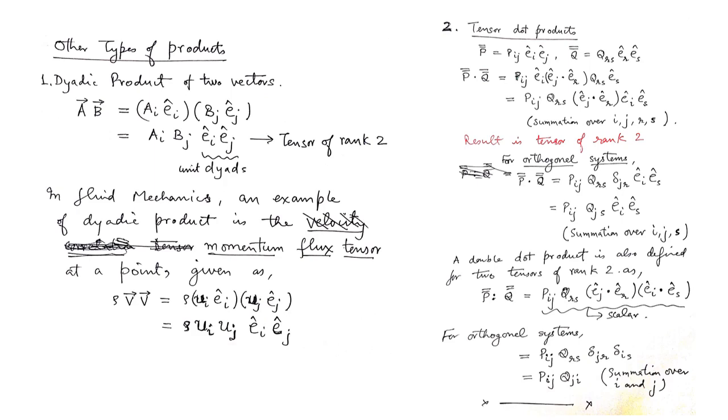Now this momentum flux is written as a dyadic product of rho v and v. Rho is the density at a point, and v is of course the velocity vector at that point.